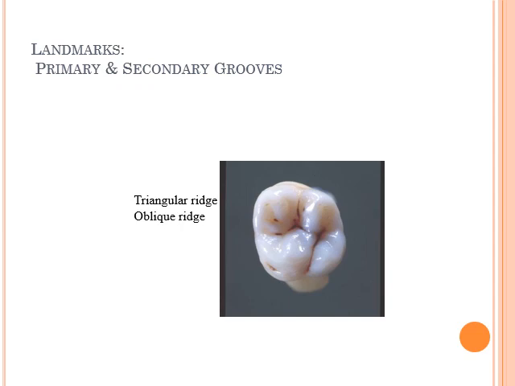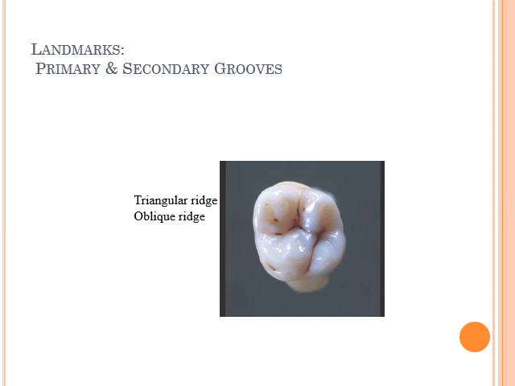Continuing on with our landmarks, we're going to be talking about grooves and some other ridges. A primary groove is also known as a developmental groove, so you may hear these terms being used interchangeably. A primary groove separates the primary portions of the tooth, such as the cusps and the lobes, and you'll hear more about the lobes later on in this lecture.